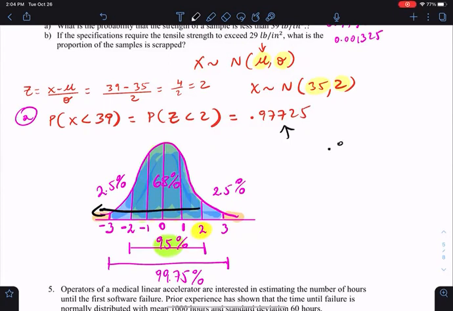So that's the point. You need to add that 95 plus 2.5, and you get 97.5, about that.